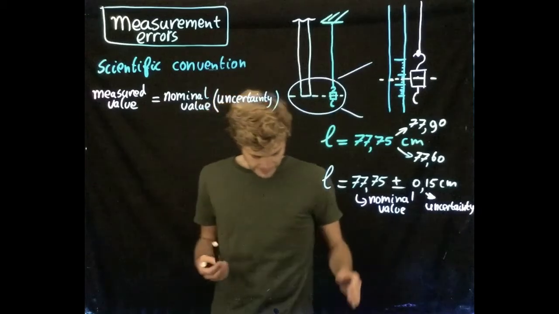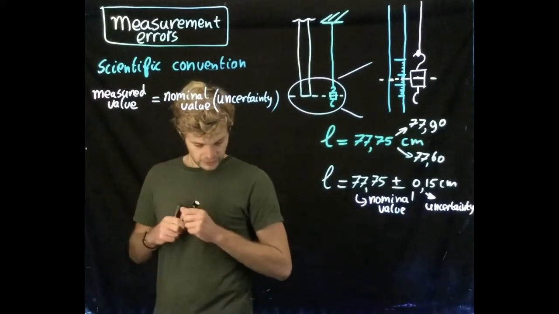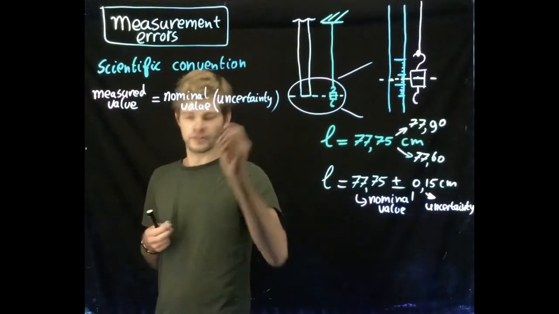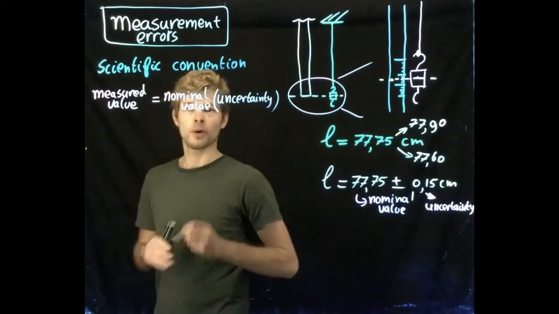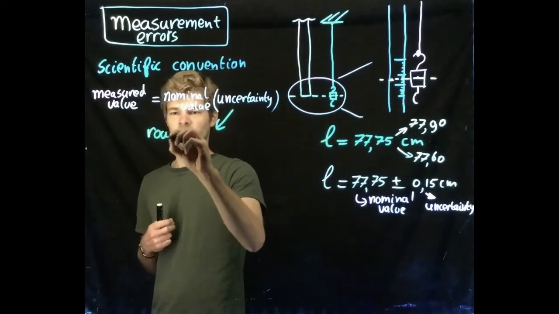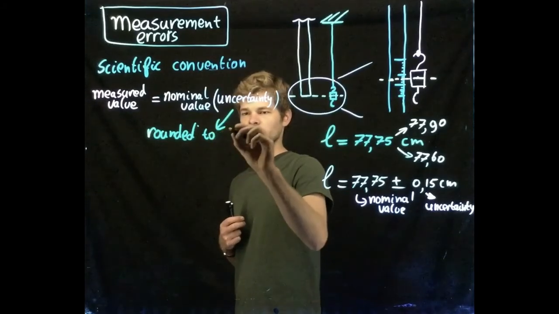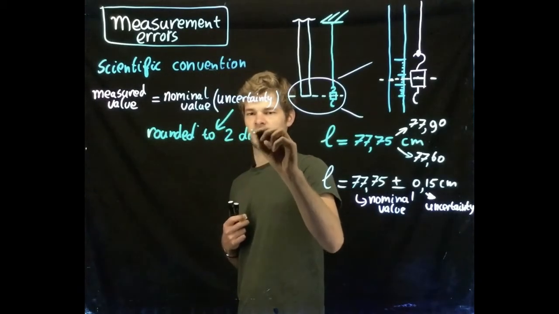There are some rules in writing this down. The first is that this uncertainty always has to be rounded to 2 digits.